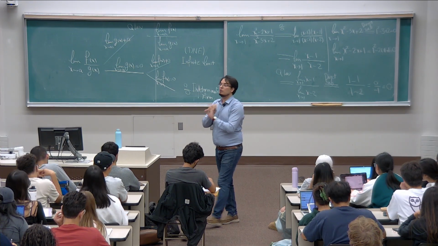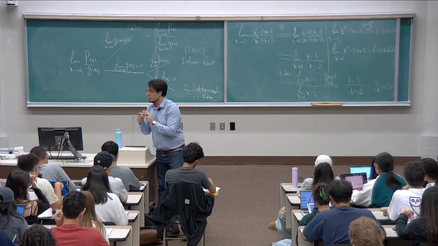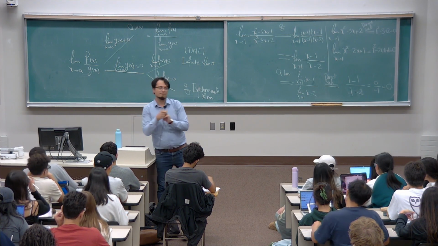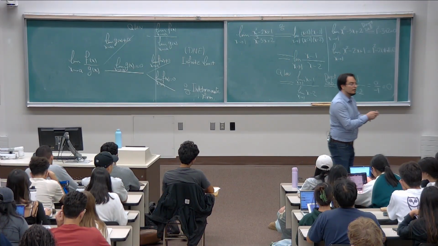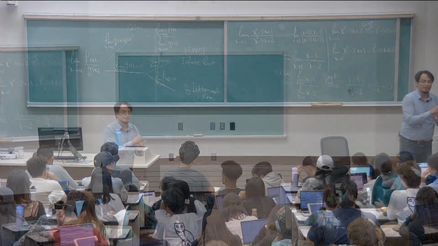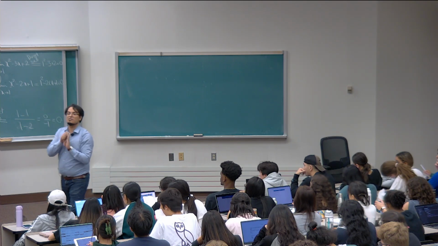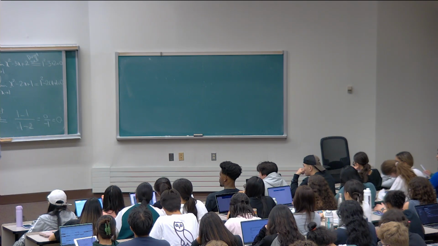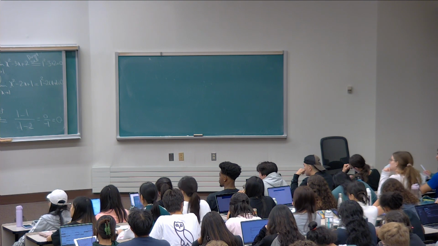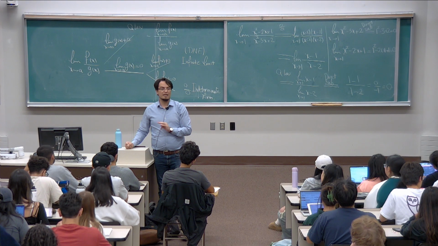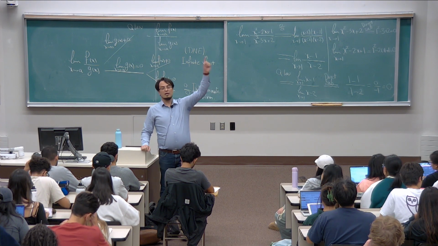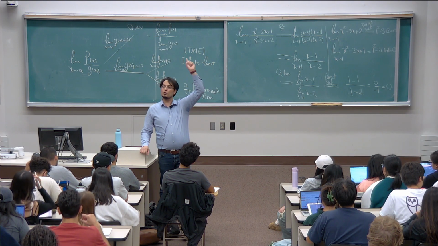Then you cancel it. Or I ask for a very quick version of that: factor, cancel. This is how we will resolve 0 over 0 indeterminate forms until we learn L'Hopital. Does that make sense?